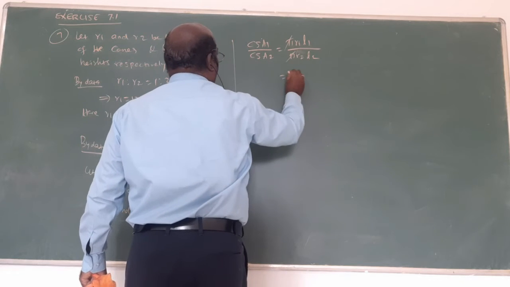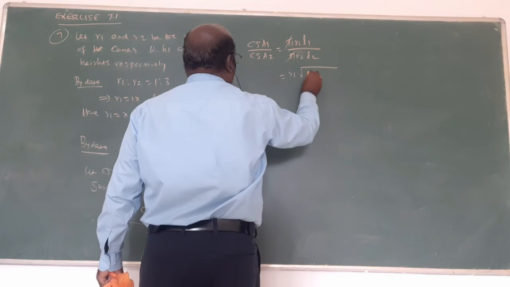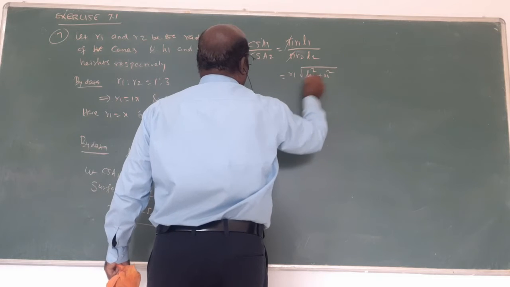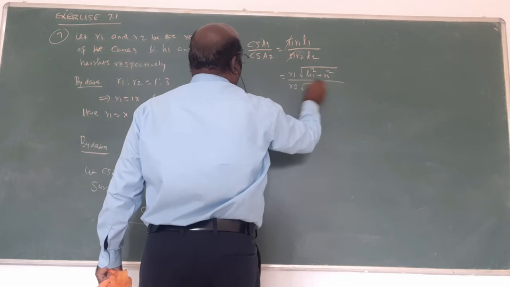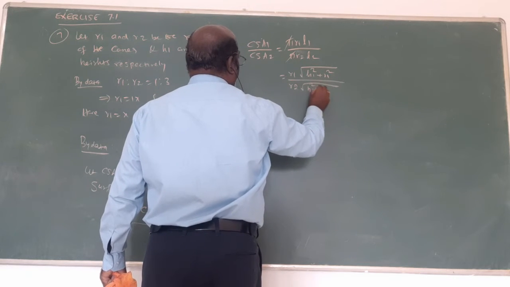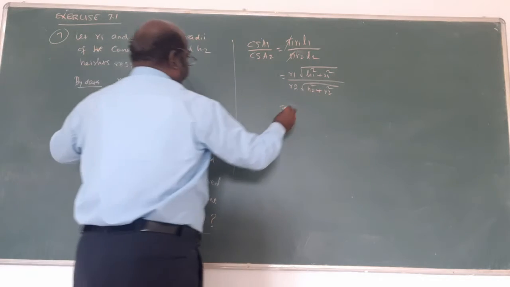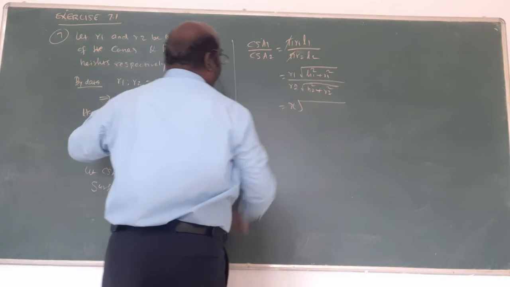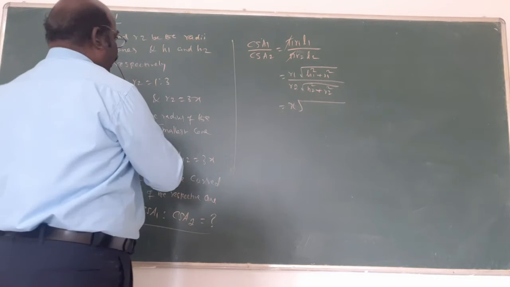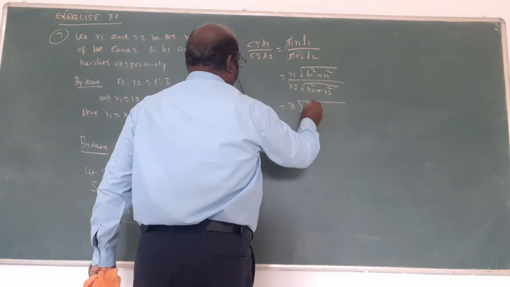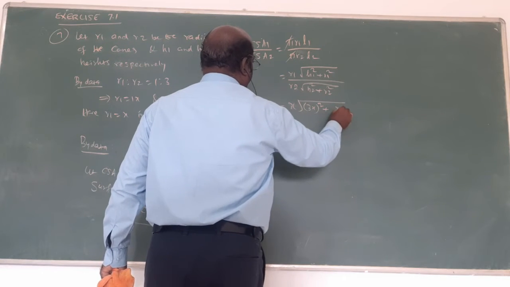Pi cancels. r1 into l1, where l1 is root of h1 square plus r1 square. Here r2 into l2, where l2 is root of h2 square plus r2 square. r1 is 1x, h1 is 3x, whole square, and r1 is x square.